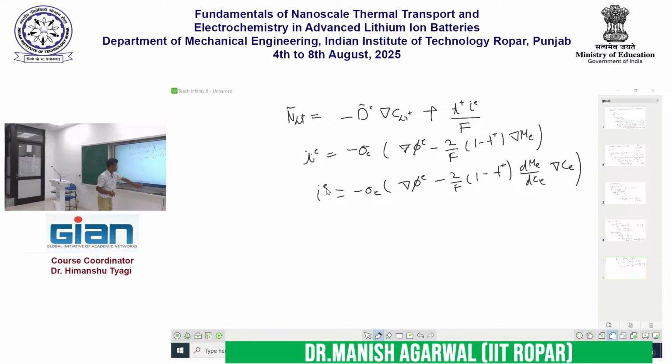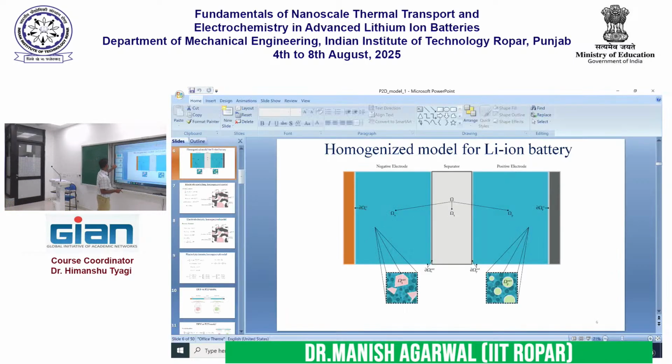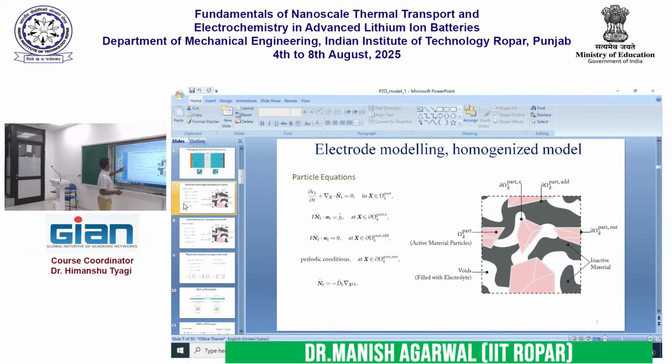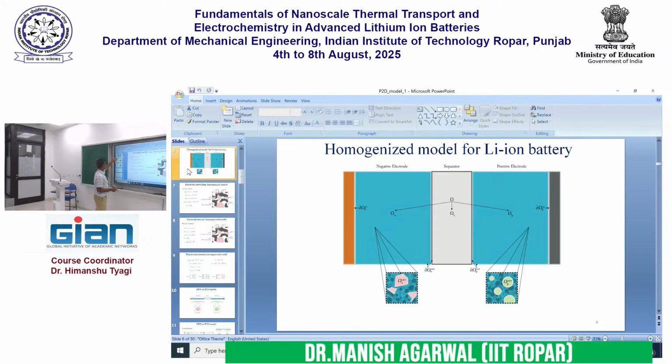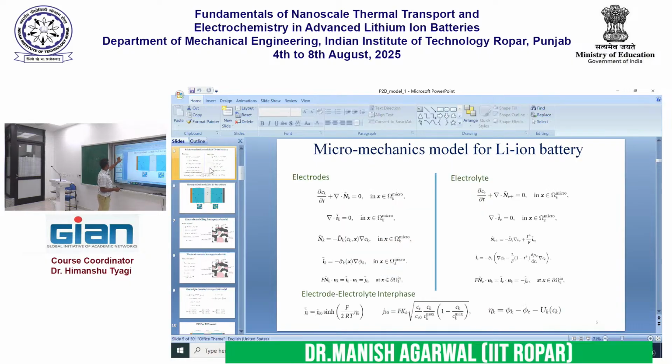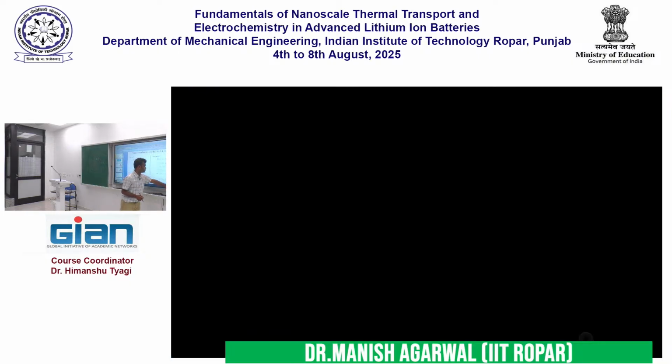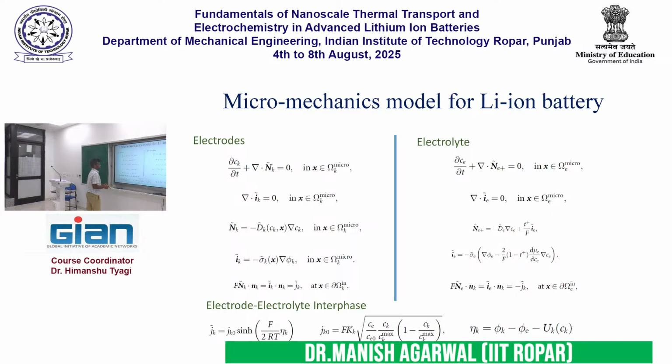I can actually go to the summary slide. We have done quite a bit. This is the electrode equation, this we saw: the current charge conservation, and the constitutive law, which is how the current depends on the electric potential.